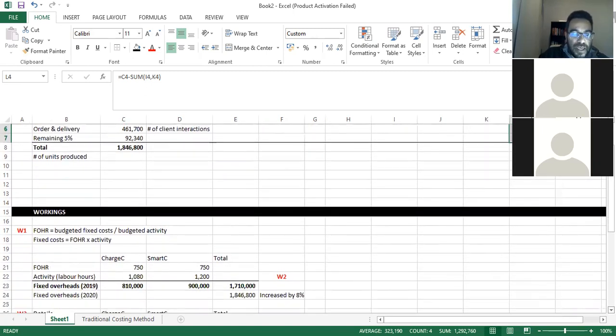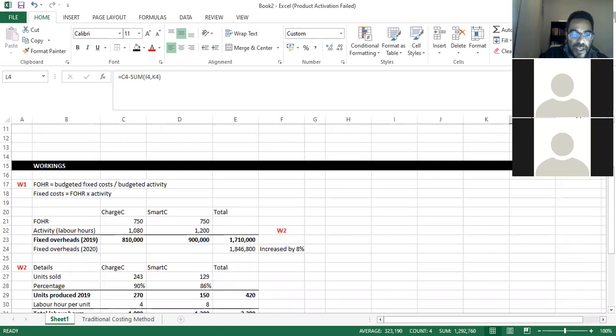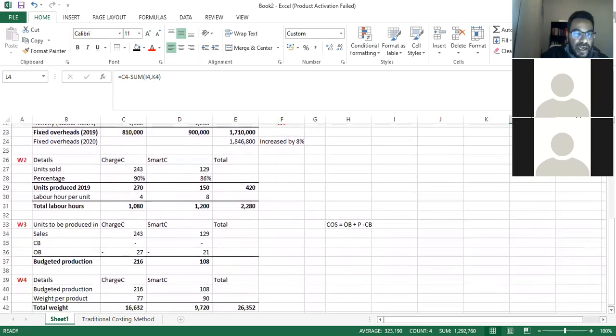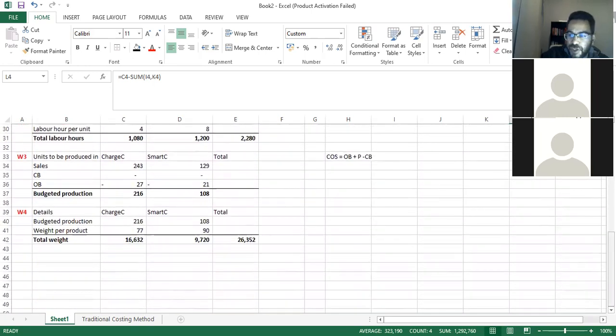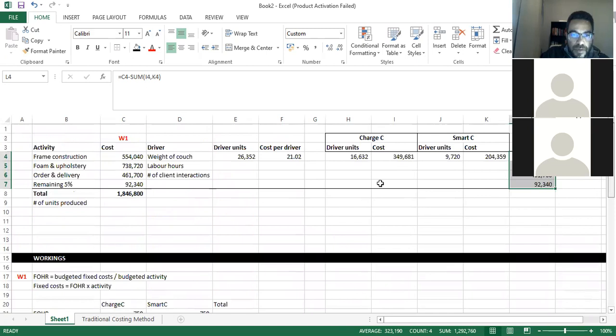Now for upholstery, where was that? Now for upholstery, it was labor hours. I'm going to check if it's still the same. So, okay, labor hours. So it'll be the same. It's still going to be 4 hours and 8 hours. So you do the same calculation. So over here, we just say working 4.